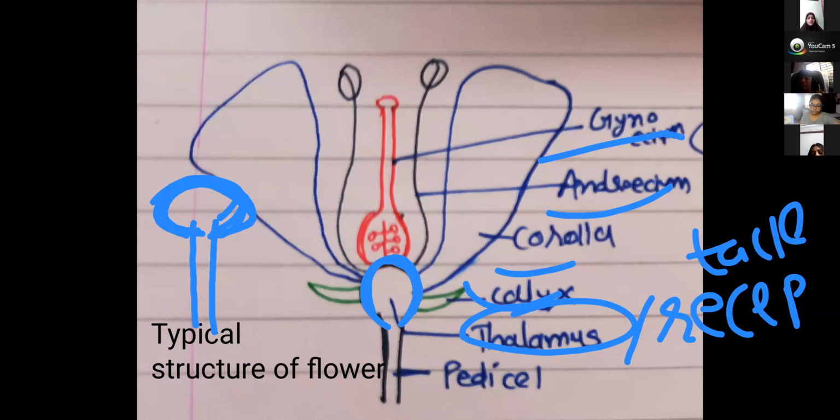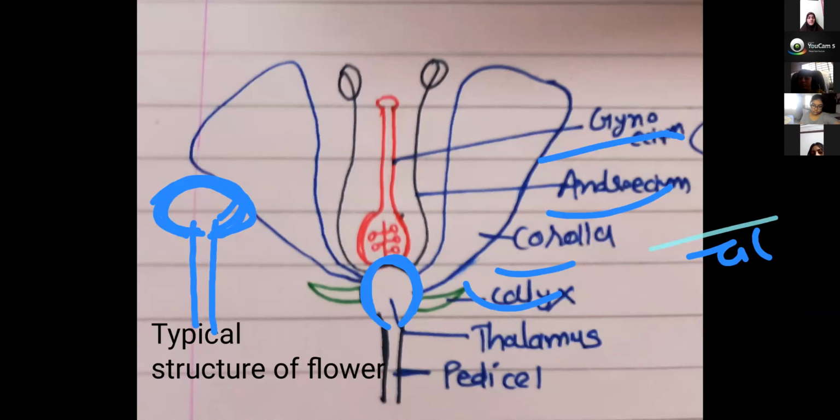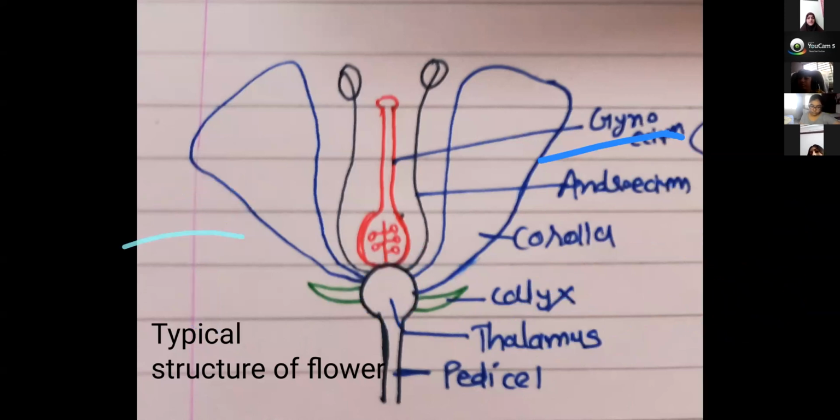So remember, that's why the name receptacle is given. The tip part of the pedicel, or the stalk of the flower, gets swollen, and on it these four whorls are arranged. This much information for thalamus or receptacle.